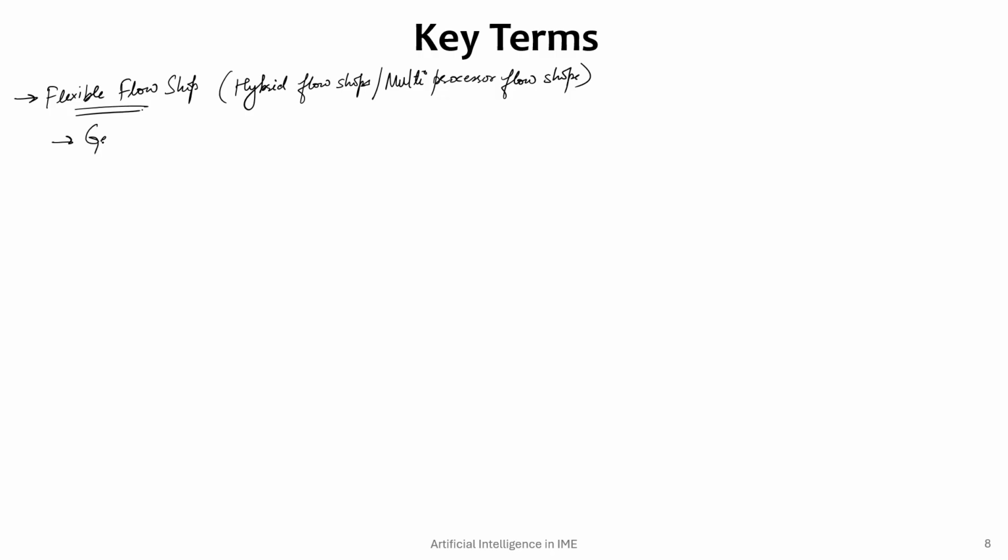Now, this is the generalization of the flow shop we discussed earlier, right? So, what is changing here? There are C stages in series and n machines in parallel.